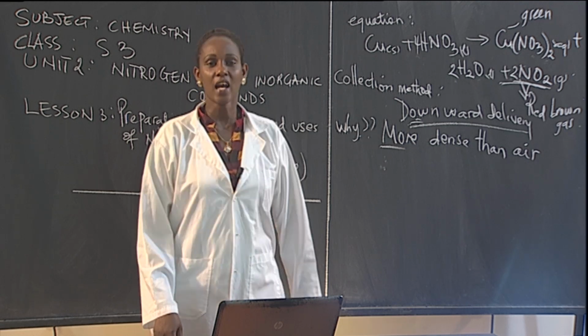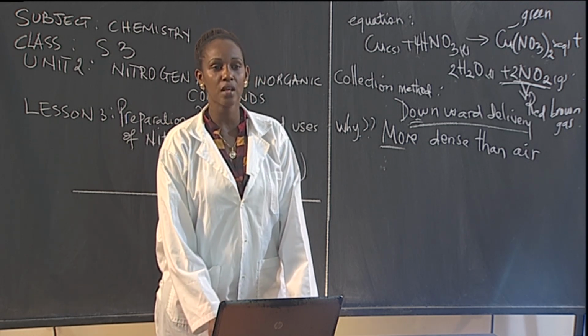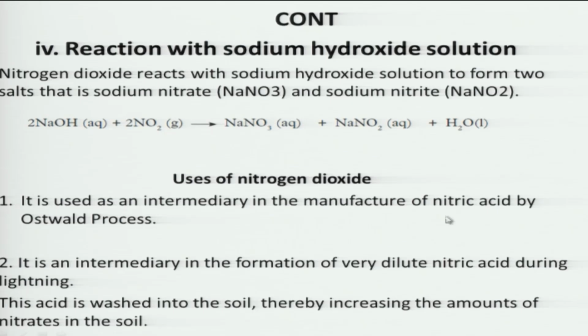One, nitrogen dioxide is used in the manufacture of nitric acid in the Ostwald process. This is a process that is used in the manufacture of nitric acid. So there we need nitrogen dioxide.